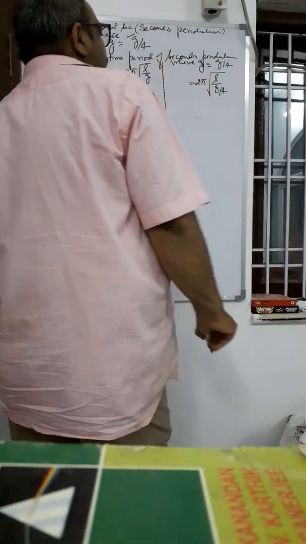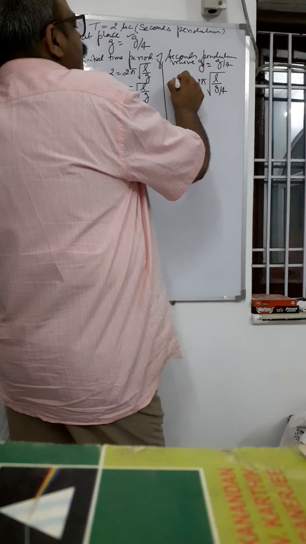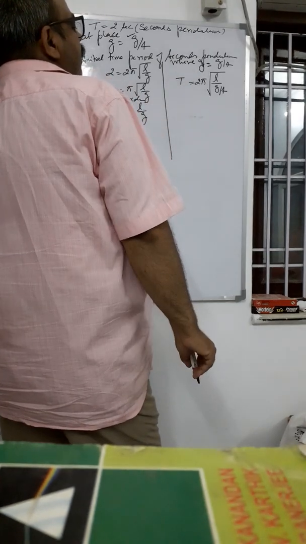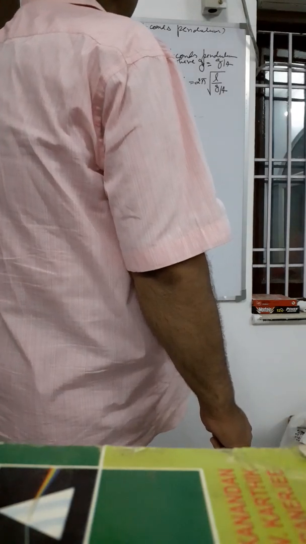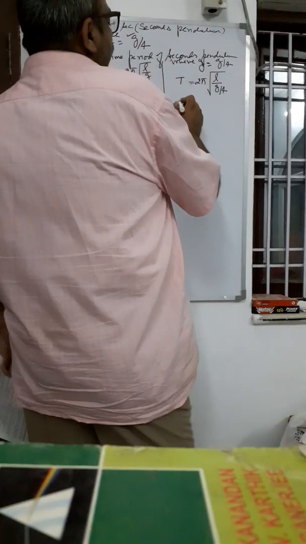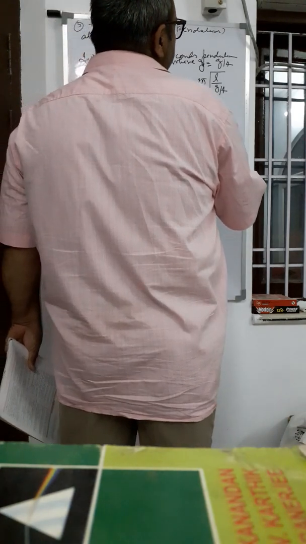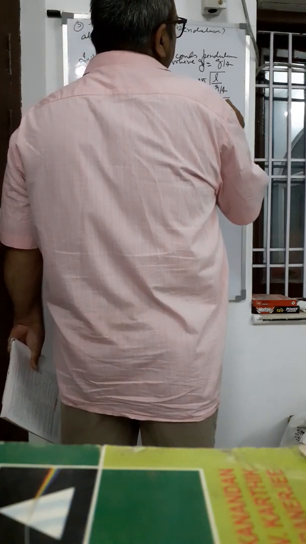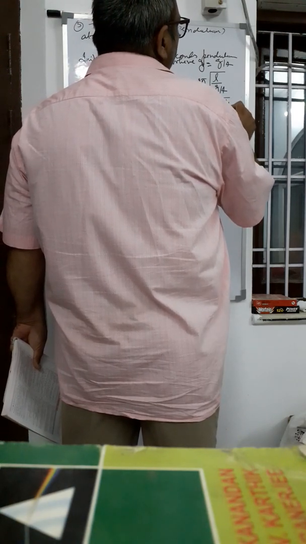See this. T is equal to 2 pi under root L upon g by 4. What can we write? T is equal to 2 pi under root L upon 1 into 4 upon g.